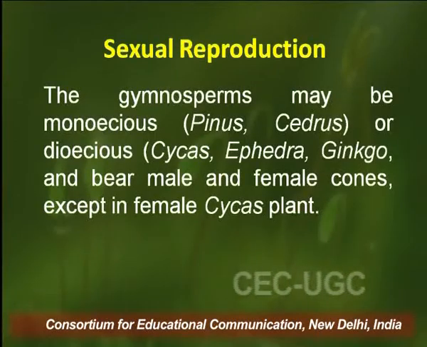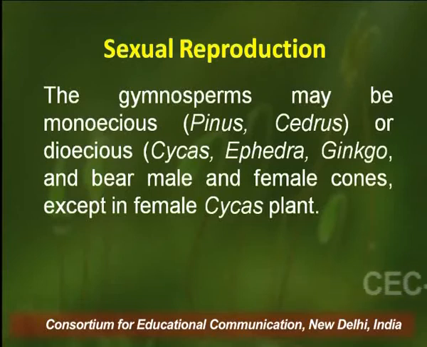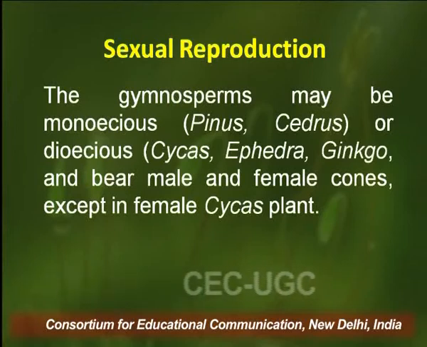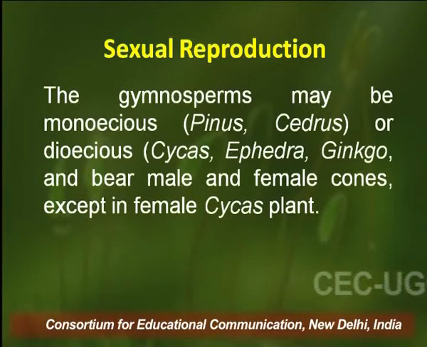The gymnosperms can be monoecious, such as Pinus or Cedrus, or they can be dioecious also, such as Cycas, Ephedra, Ginkgo, etc. In dioecious species, the male and female cones are borne on separate plants.